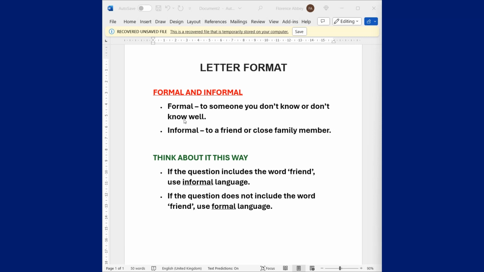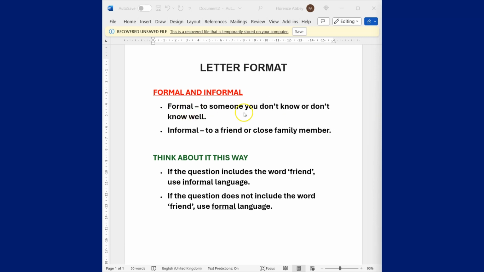Okay, that is the most important thing when it comes to the writing format. Who am I writing to? So the people you are writing to will determine how you are going to write it, and that has been divided into 2 formats. Okay, first of all, if you are writing to somebody that you don't know, or you don't actually know very well, then your letter should be formal.